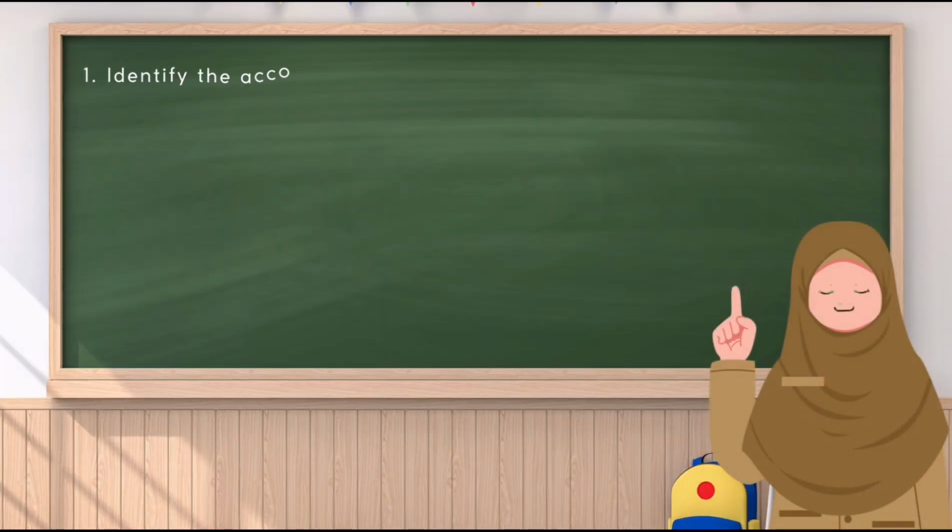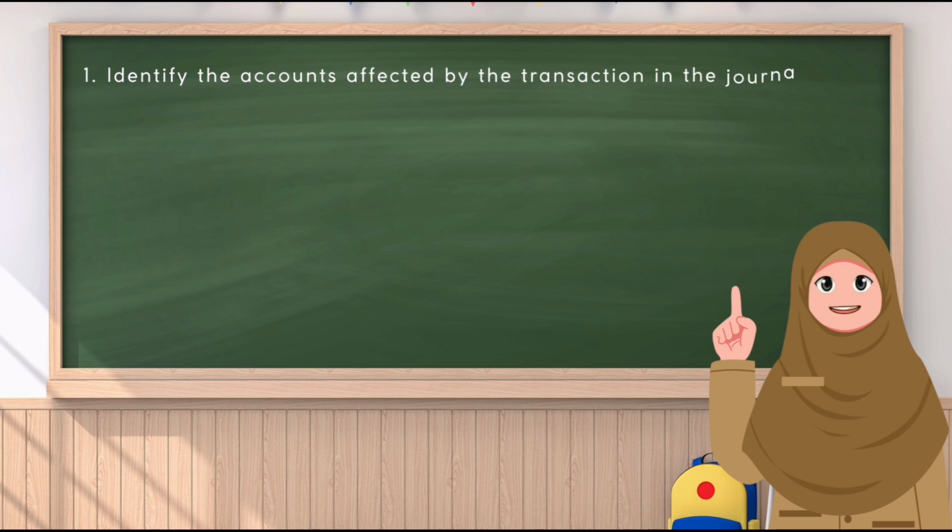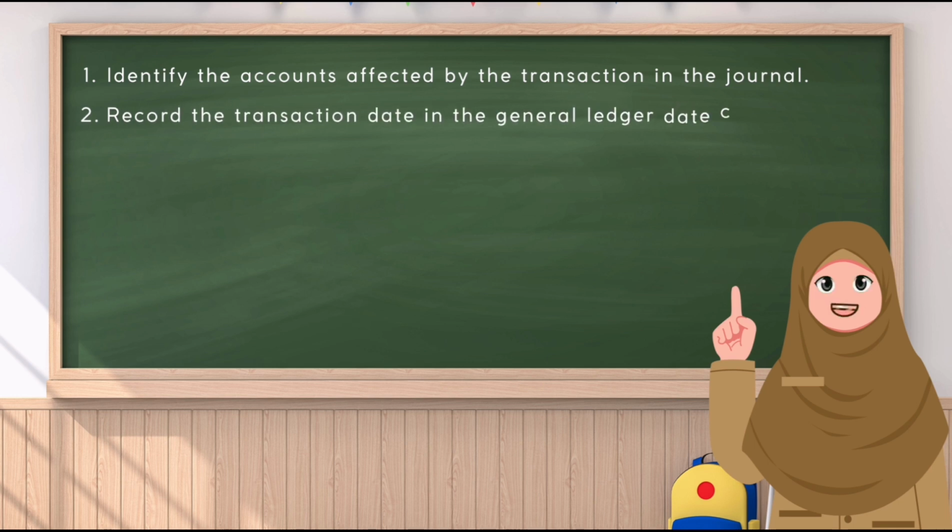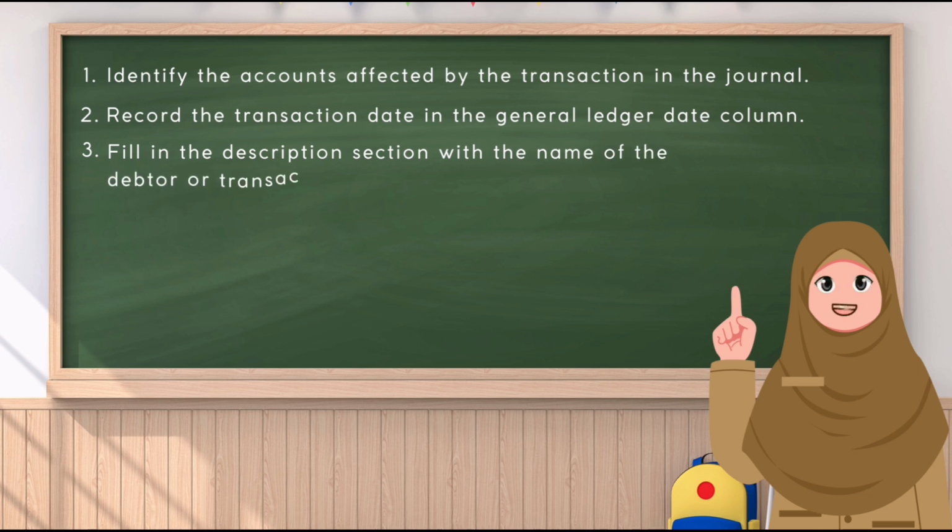First, identify the accounts affected by the transaction in the journal. Second, record the transaction date in the general ledger date column. Third, fill in the description section with the name of the debtor, transaction that occurred.